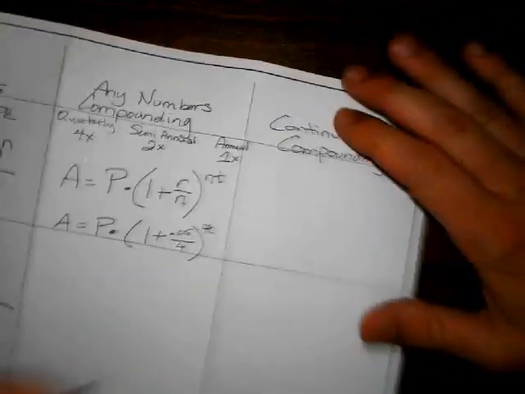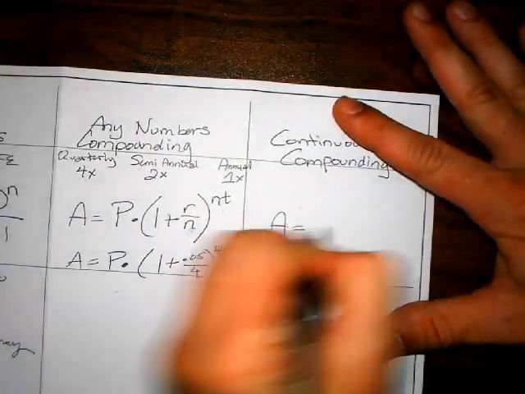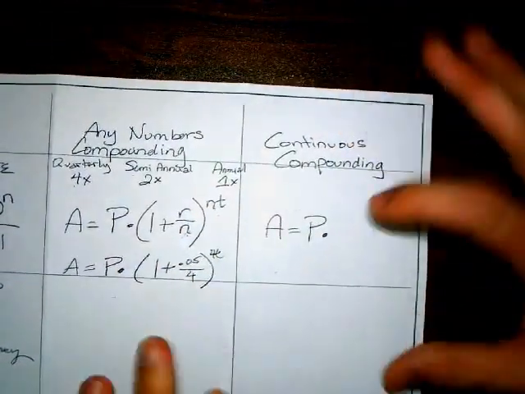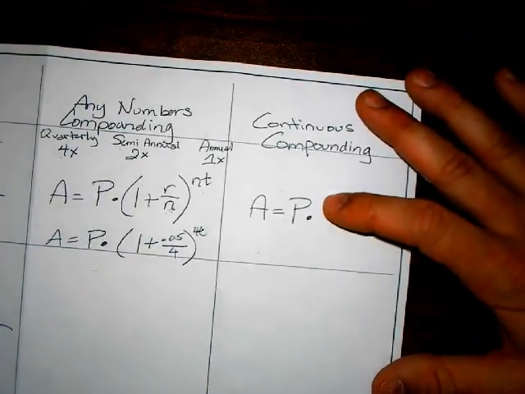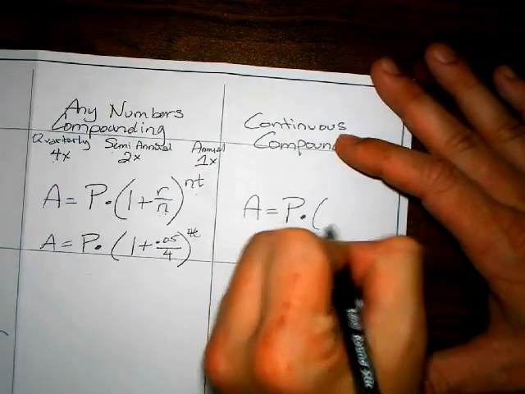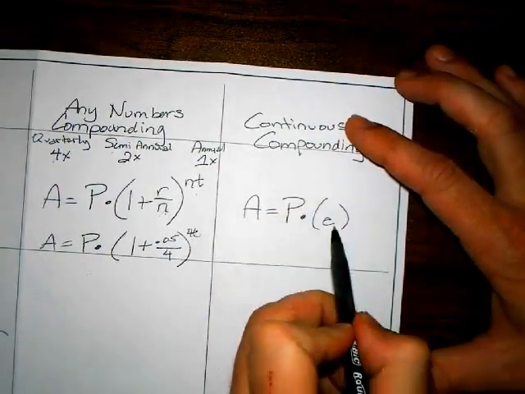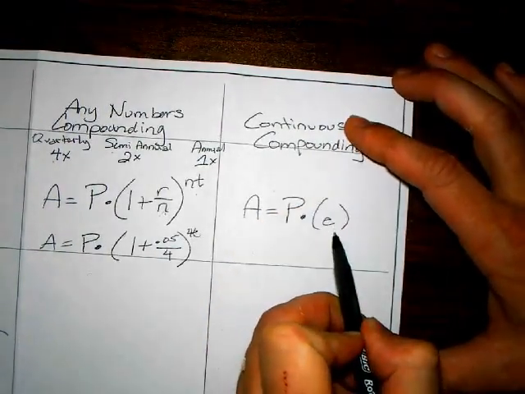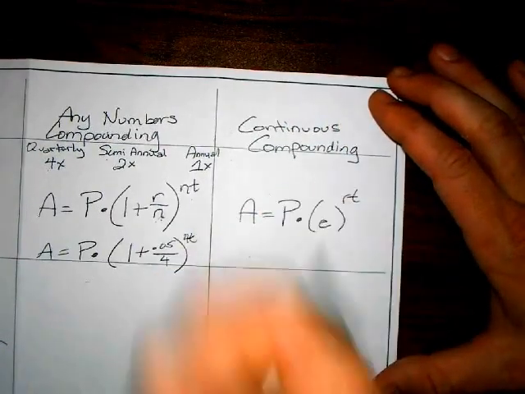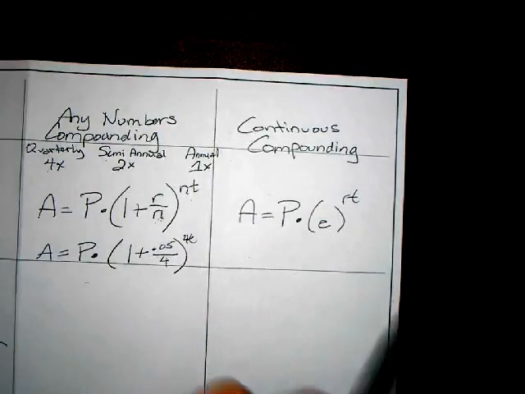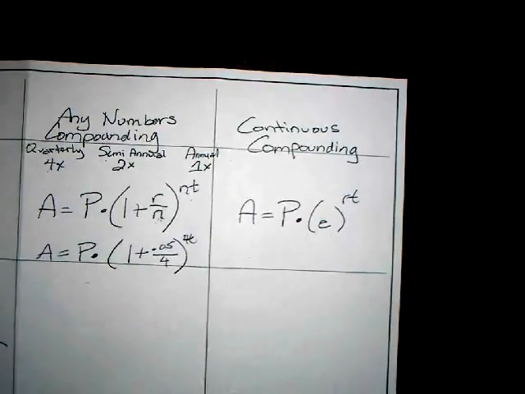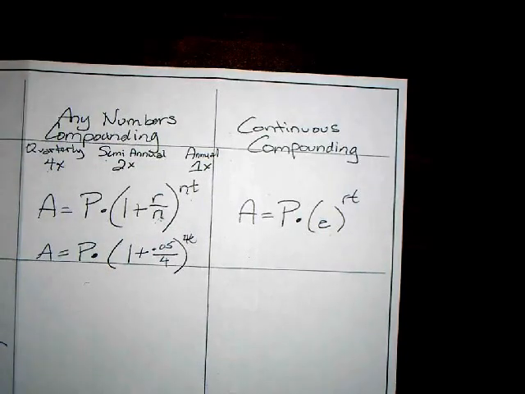And that equation starts with your initial value, whatever you take a loan out for in the beginning, multiplied by the variable e, and then raised to the RT. Perfect. P e to the RT. All right.